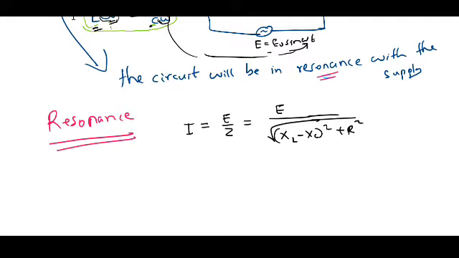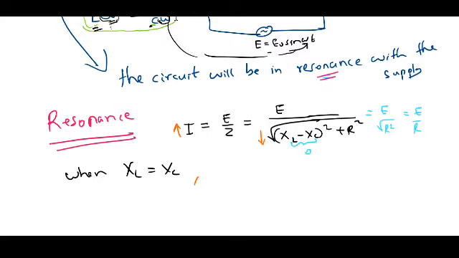When XL is equal to XC, we have seen that this denominator goes to 0, and this will be E by root of R square, which is E by R. That is, the denominator is decreased and the current increased.